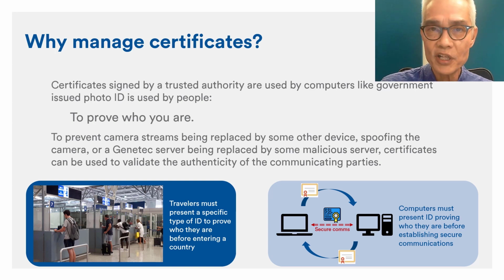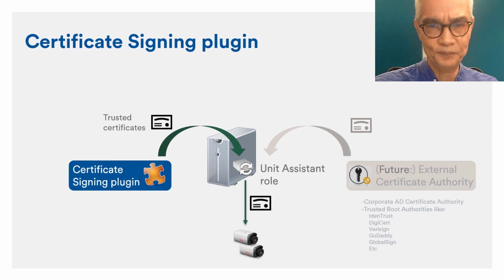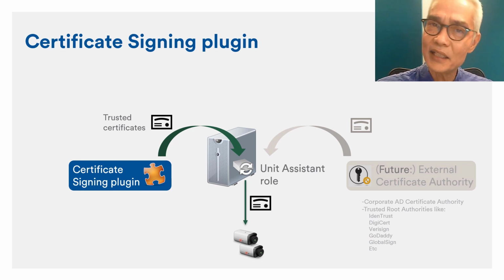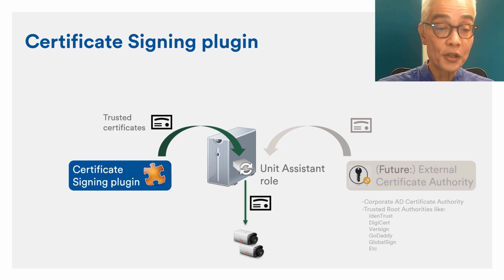Now, what's happening in Security Center 5.11 is that the unit assistant role is now able to push signed certificates down to the devices. And the unit assistant role, excuse me, is just sort of the gateway who does the pushing of the data. It doesn't actually sign the certificates. There is something known as the certificate signing plugin, which is not an extra.